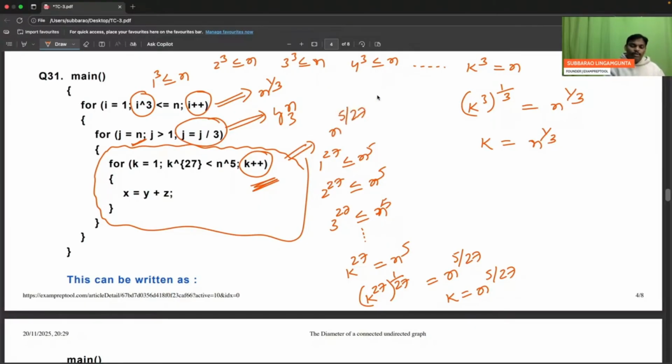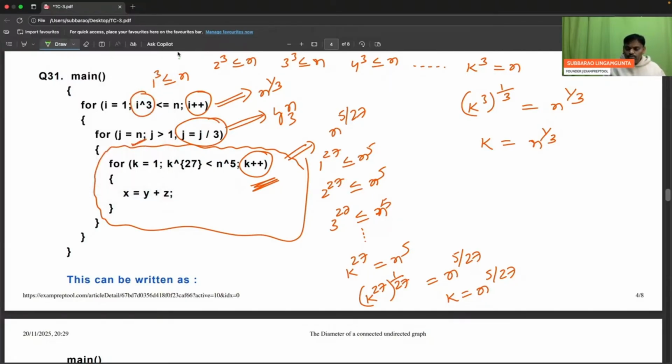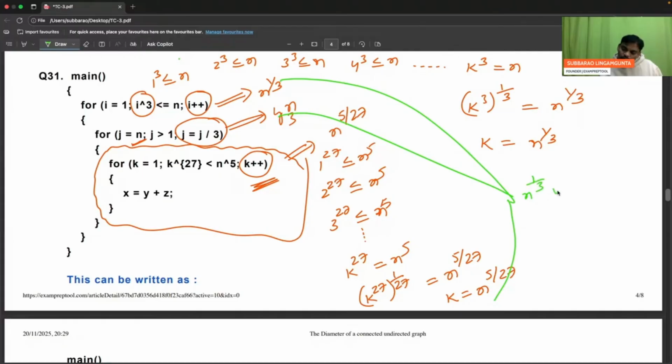And one more thing, remember, these are inner loops, so you have to multiply all three. This one, this one, this one. When you multiply, it becomes n power 1 by 3, log n, and n power 5 by 27.